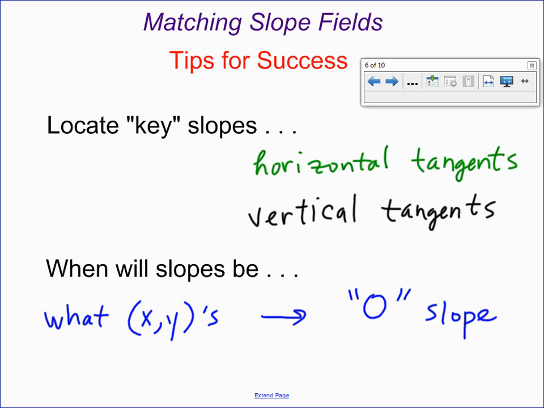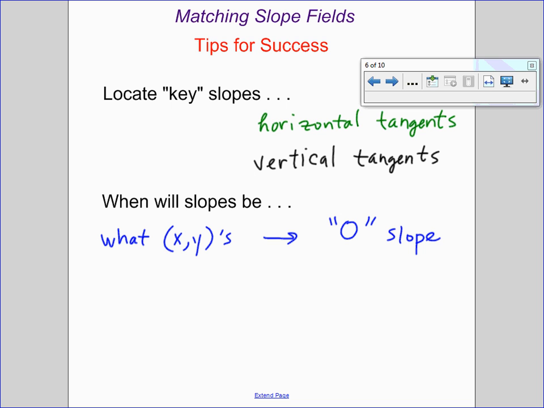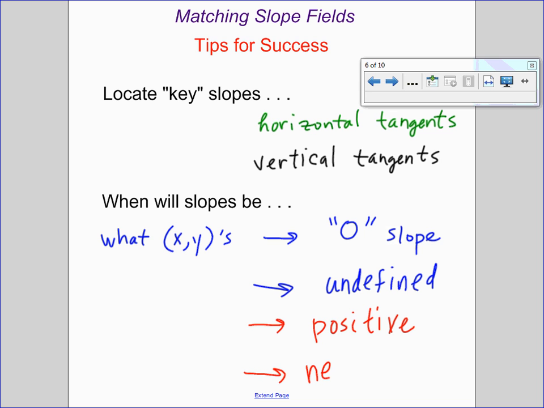When will the slopes be undefined? When will the slopes be positive versus when will the slopes be negative? So these are all good things to think about.